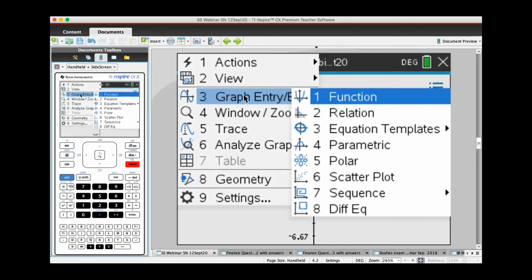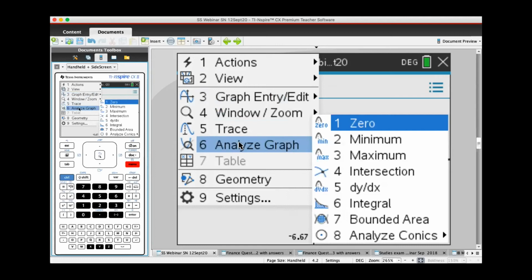I'd need the graphing entry, the window, trace, analyze. When we were in the calculator application, there was the algebra function where you had to solve or find roots. So this is kind of intuitive. It responds to the need for that particular application.